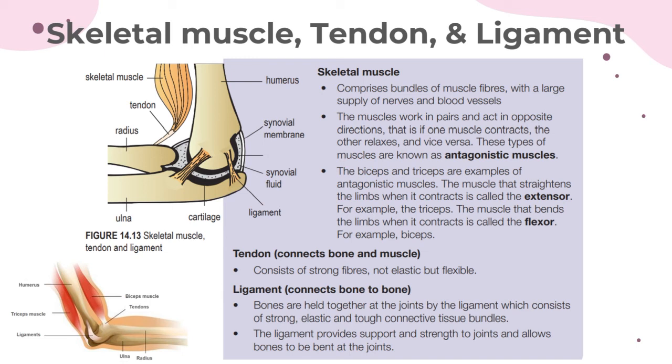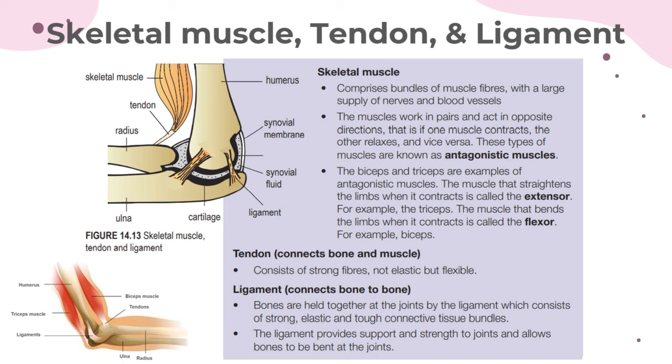Next, the muscle that bends the limb when it contracts is called a flexor. When we bend our forearm, the muscle which contracts we call a flexor.